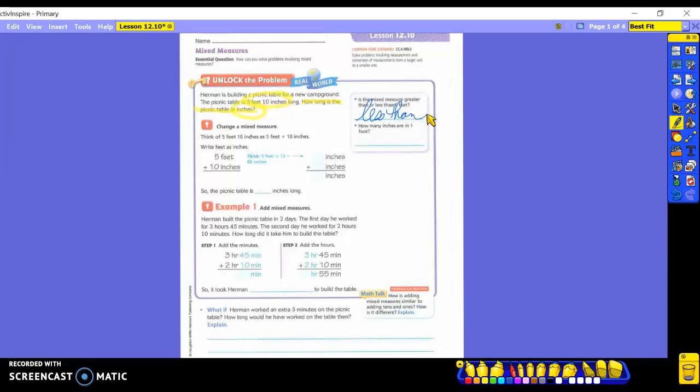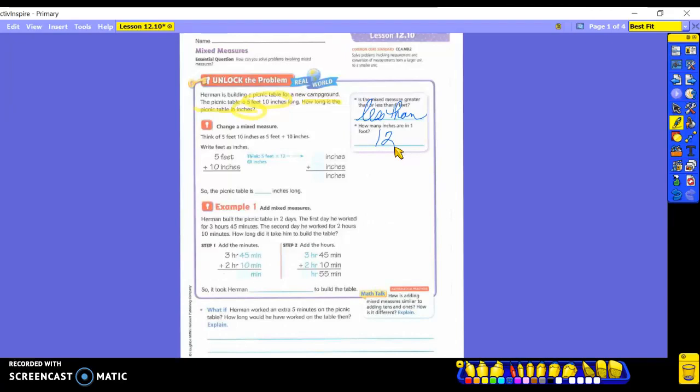And then we have to know, because we're discussing feet and inches, how many inches are in 1 foot? Should you know this? Yes, 12 inches are in a foot. If that's something that you don't know, we need to make sure that we are learning it.